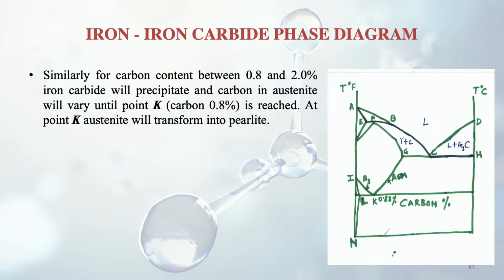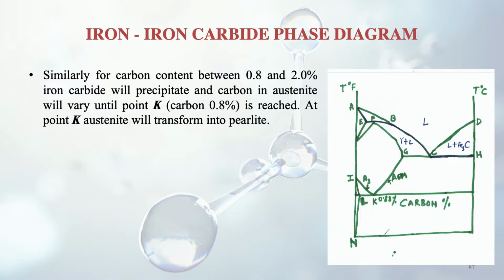At point K, austenite will transform into pearlite. You can see here the 0.8 and 2% range, meaning between the point G and the point K, this variation takes place. When we move from point G to point K, the temperature is going down, the cooling is taking place and the carbon percentage is also going down.